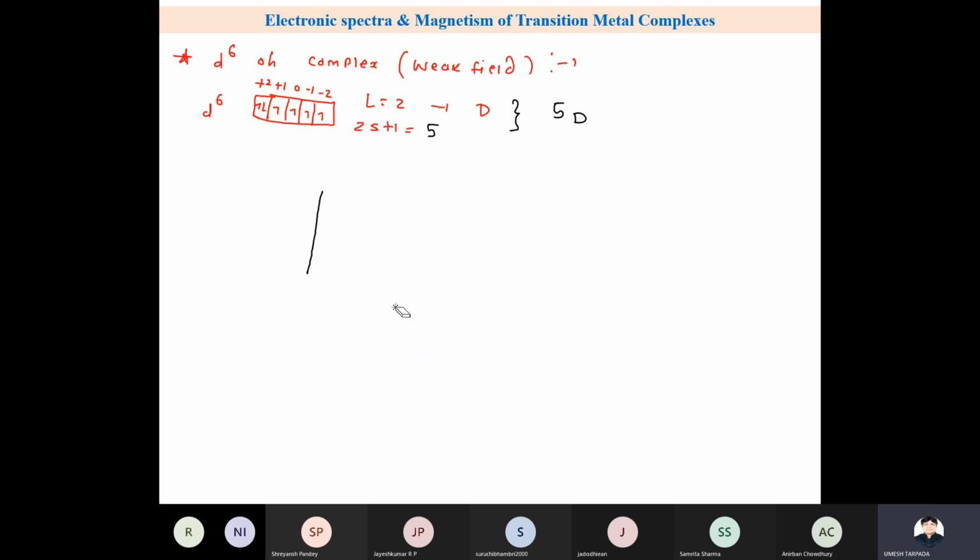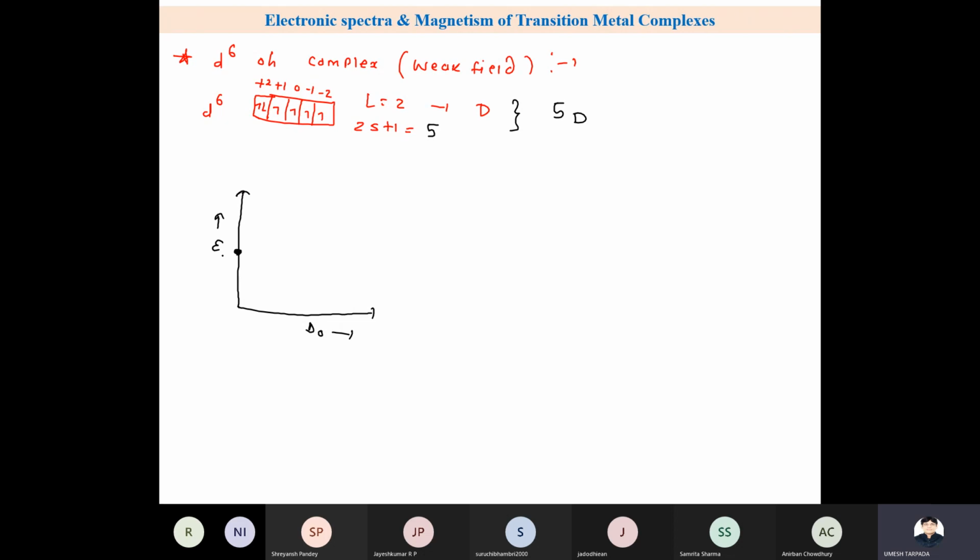So if you again go for its diagram, what happens? You can have octahedral splitting versus energy.